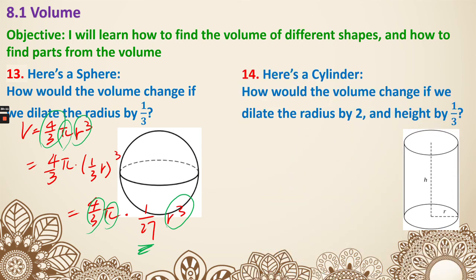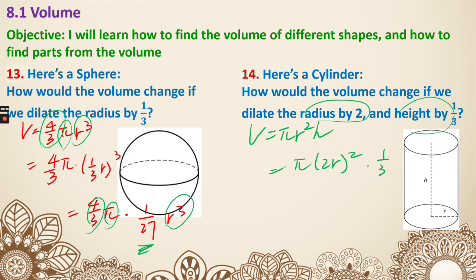Last one, 14. A cylinder, same idea, V equals pi r squared h. Radius is changed by 2, so pi (2r) squared. Height is changed by 1/3, so times 1/3. That is going to give you pi times 4r squared times 1/3 h.